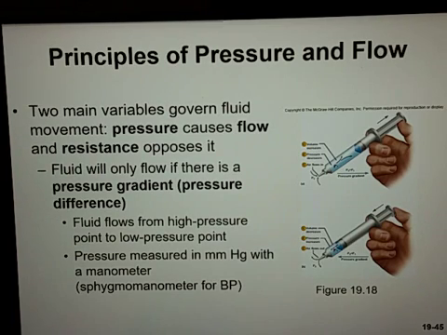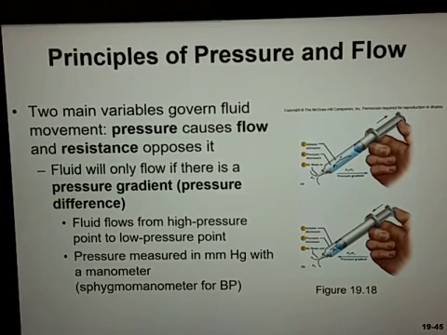Pressure can affect the flow and the resistance. We have to have a pressure gradient for fluid to move. Usually, fluids are going to go from an area of high pressure to low pressure.